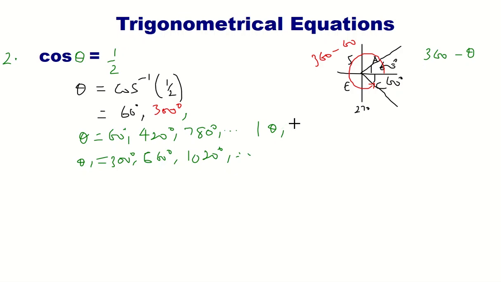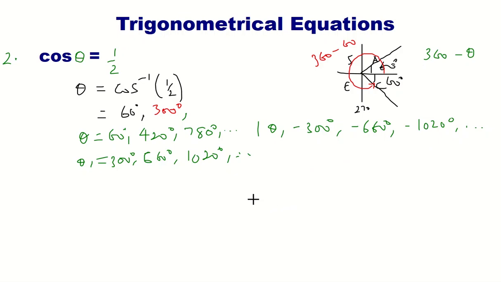So we have negative 300 as one negative. Then on that we subtract 360 and we get negative 660, and the next one will be negative 1020 degrees, and many more others.